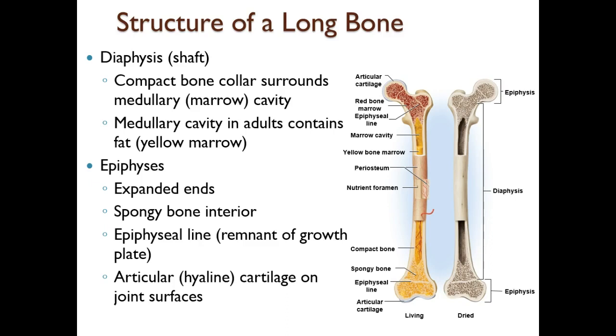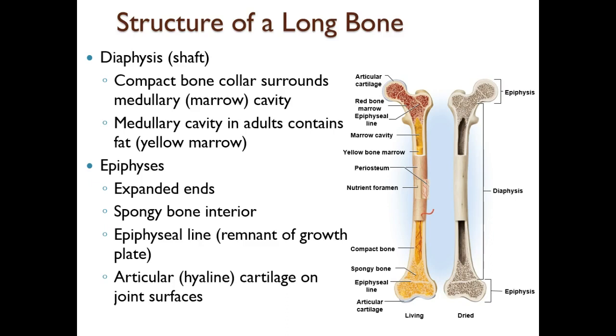So what is inside the shaft? So you have the shaft here. We talked about everything having to do with the epiphyses. So now let's look at the diaphysis specifically. The diaphysis is the central part of our long bones.